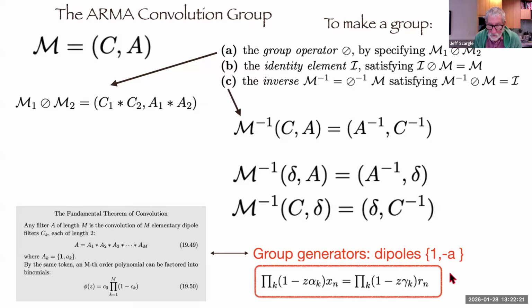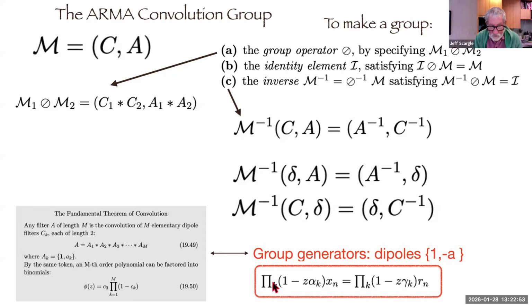And so not only do you have this family of autoregressive models being a group, but there's something called the generator of a group, namely an element of the group which can generate all of its members under the group operation. And any factor in this factorization of the polynomial can serve as a generator.